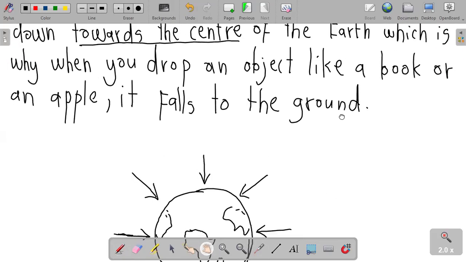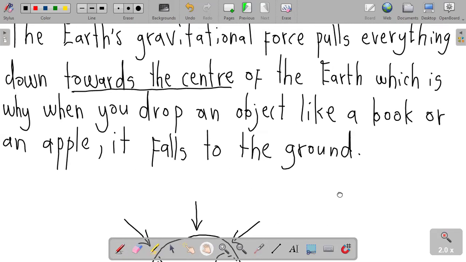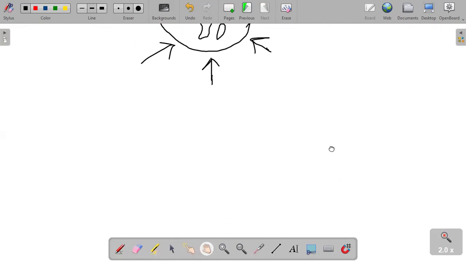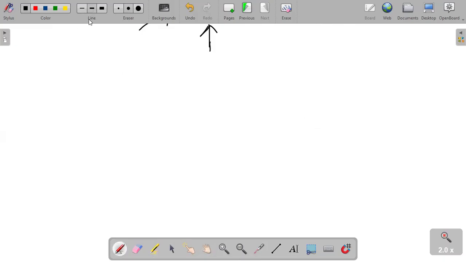Another important point to know is how it relates to the distance and the mass of the object. The mass and the distance between the two objects have an effect on the gravitational force.